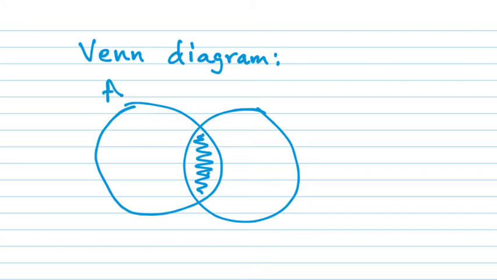So if I call this one set A and this one set B, this area right here is A and B, right? They both exist there at the same time. We talked about set notation for that. What's the word for that and the symbol? Intersection. Good job. Can you remember what the symbol is?